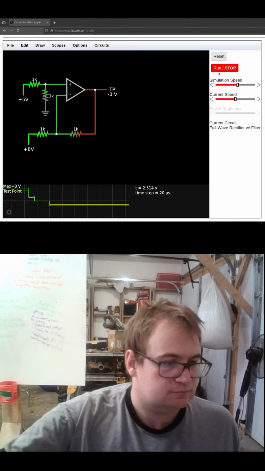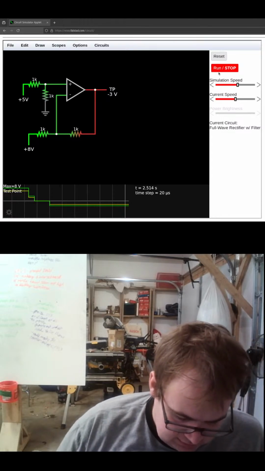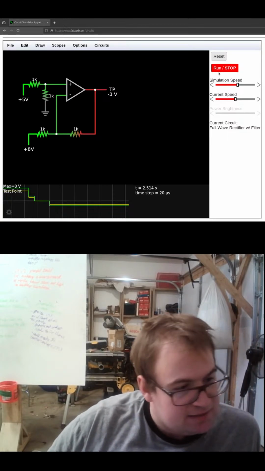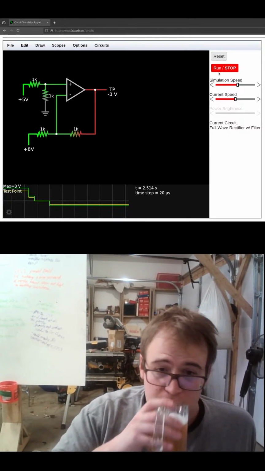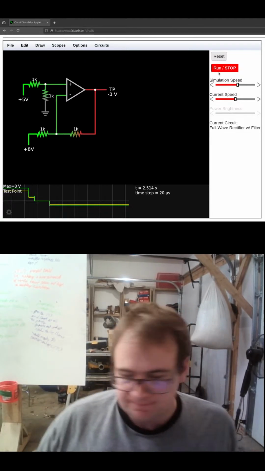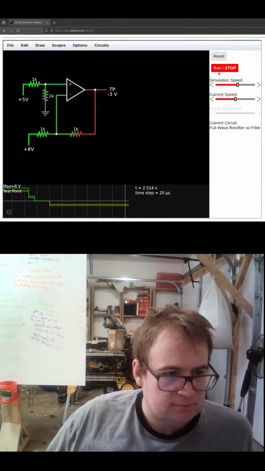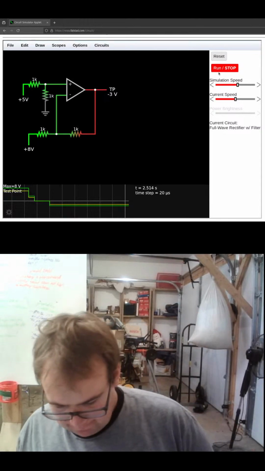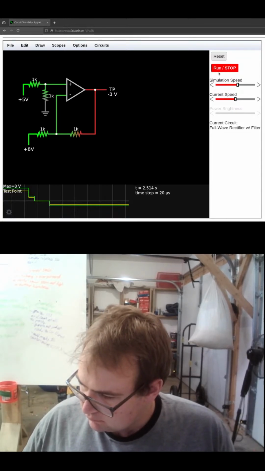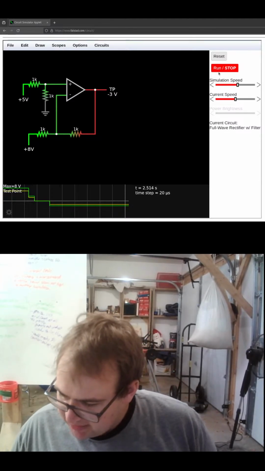Okay. I think we'll move on to the next circuit, which I picked out, which is on figure 2.17 on page 56. It is a summation amplifier.